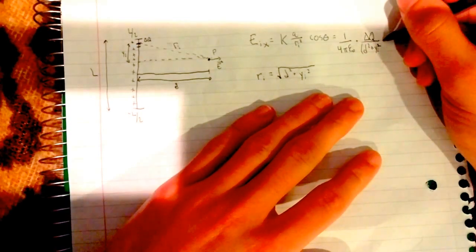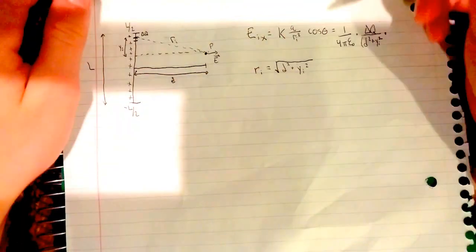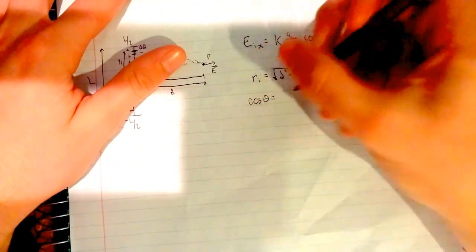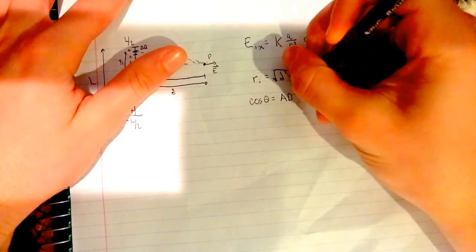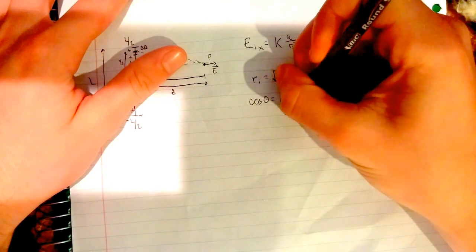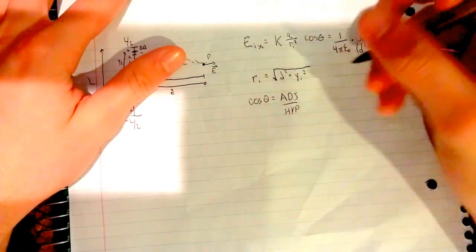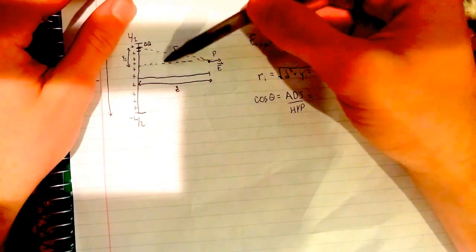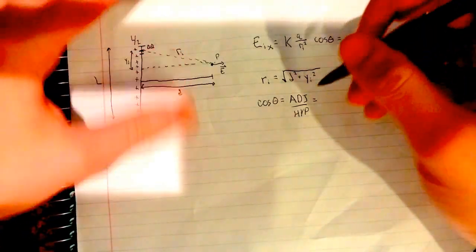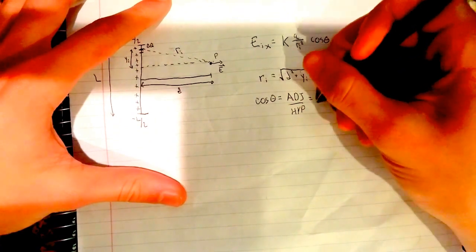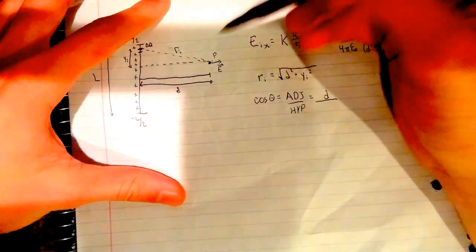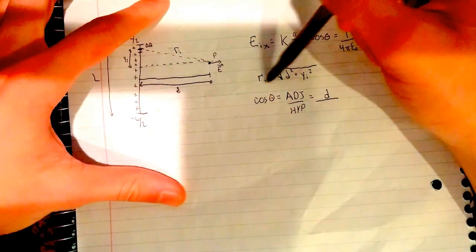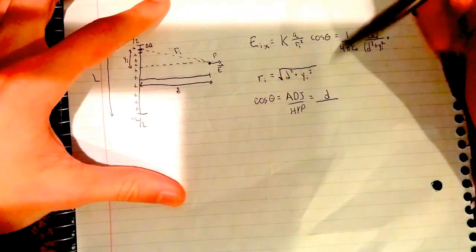And then cosine theta. We know cosine theta as adjacent over hypotenuse, and that's going to be the adjacent, which is d, over the hypotenuse, or sorry, not hypotenuse of y, hypotenuse of R_i. And R_i we got here, so we're going to put that down here.